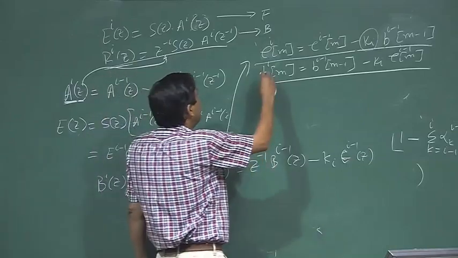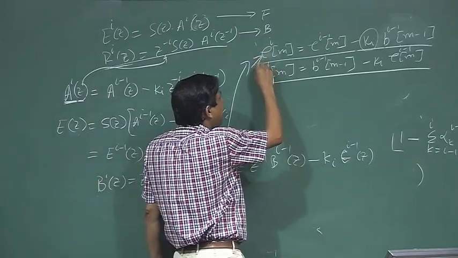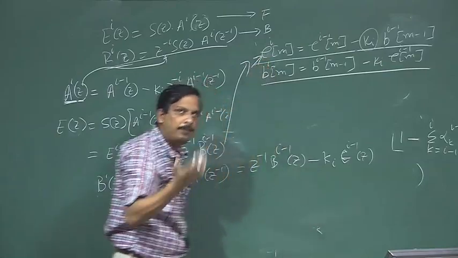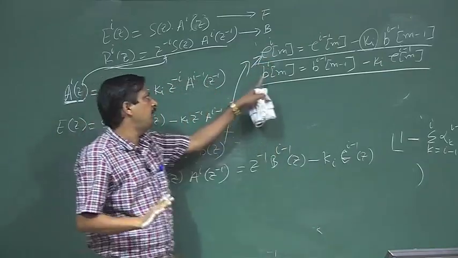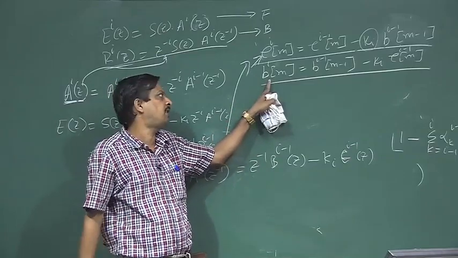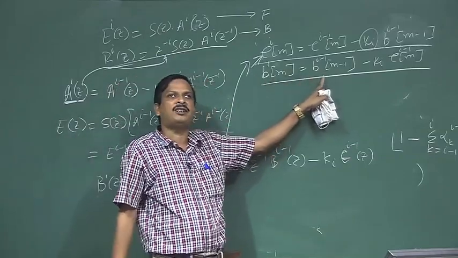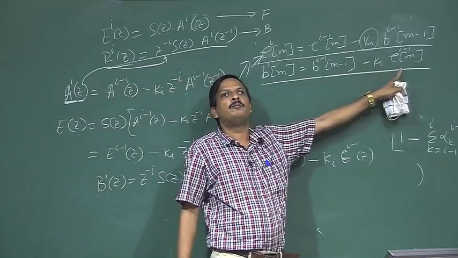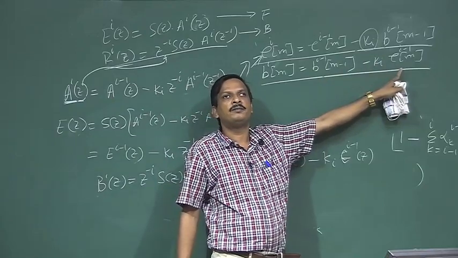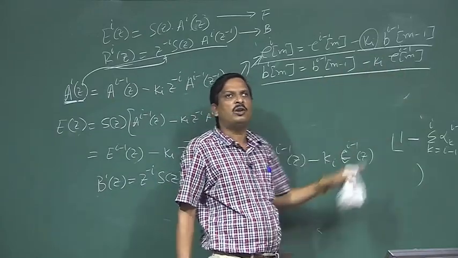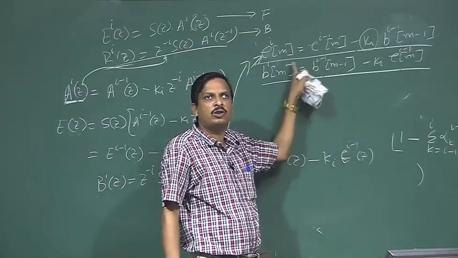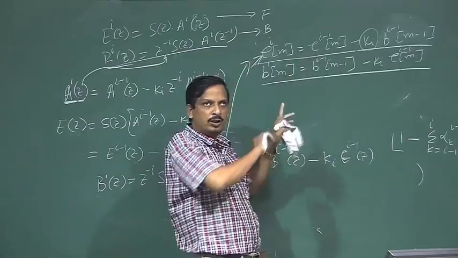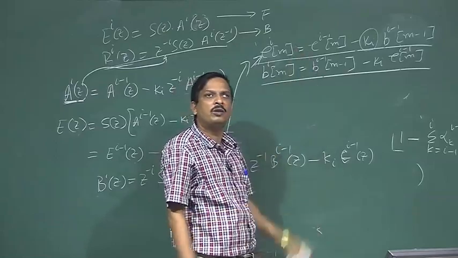So the forward prediction error can be expressed in terms of the previous forward prediction error and backward prediction error. Similarly, the backward prediction error can be expressed in terms of the previous backward prediction error and previous forward prediction error. Okay. So next class we will discuss how to draw the signal flow diagram, what should be the pictorial or signal flow diagram of these two equations. Okay. Thank you.